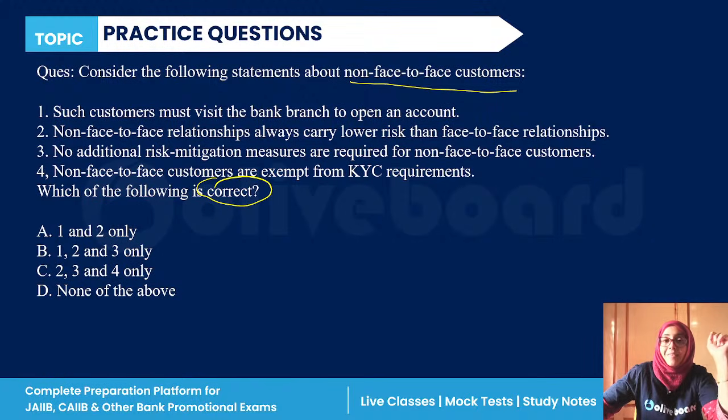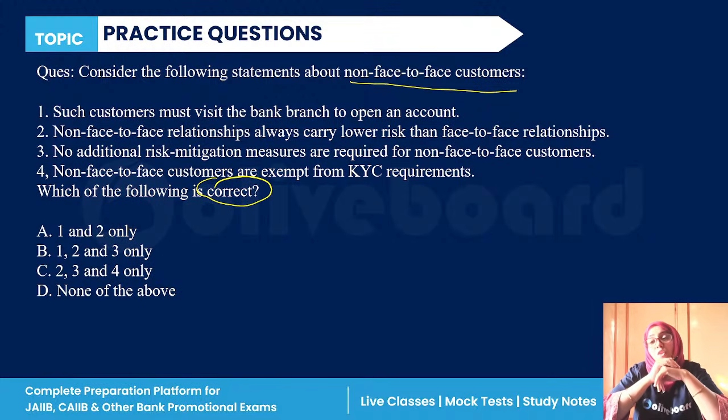It is also very simple. You have to check and tell me which of the following is the correct statement regarding the non-face-to-face customer.